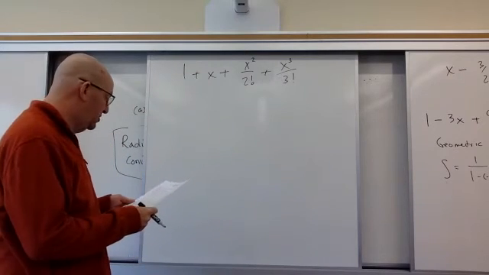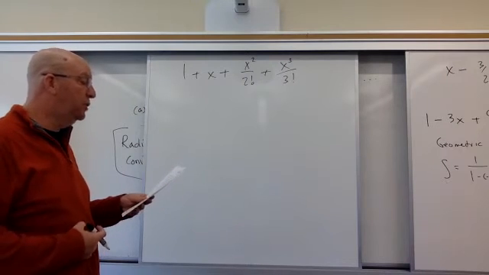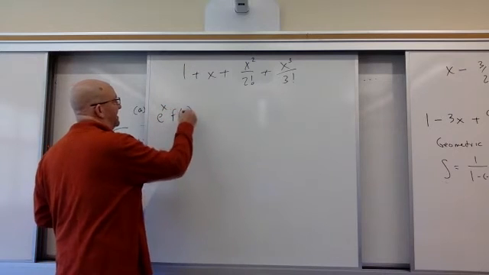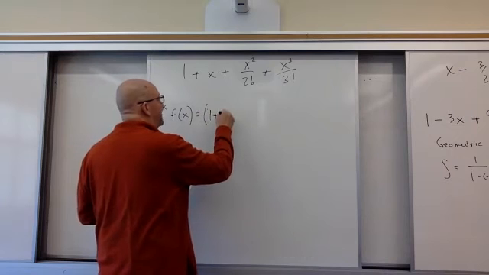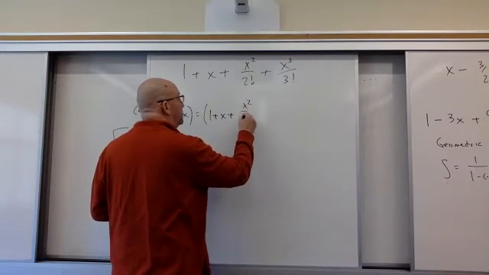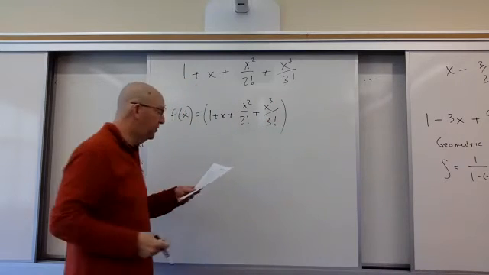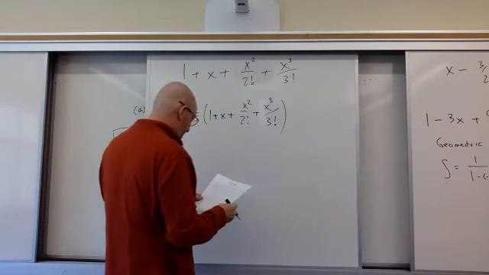So we're going to use the Maclaurin series for e to the x to write the third degree Taylor for e to the x times f of x. Oh my gosh, here we go. 1 plus x plus x squared over 2 factorial plus x cubed over 3 factorial. I need a third degree.